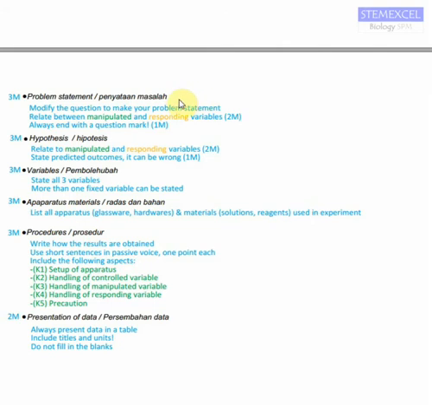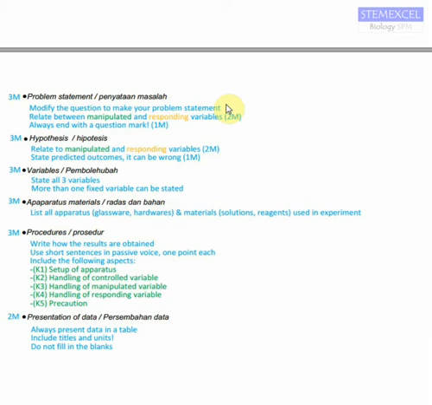So first of all, for the problem statement, you should always use and modify the question to make it into your problem statement. I will go through this in more detail when we have a look at the question. The second thing to remember about the problem statement is that it must always have a relationship between the manipulated and the responding variable.